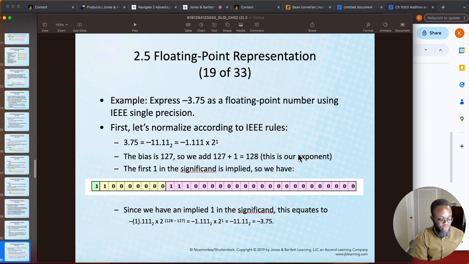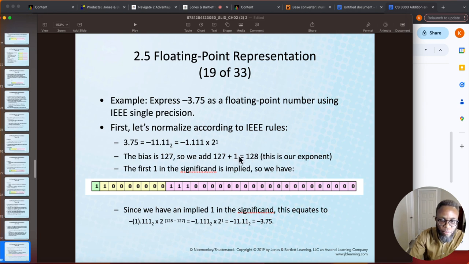Remember, you always want to fit the number between that bias range. If the bias is 127, it has to fit between negative 127 and positive 128. And so you add 1 to the bias, that becomes 128, and that becomes our exponent.